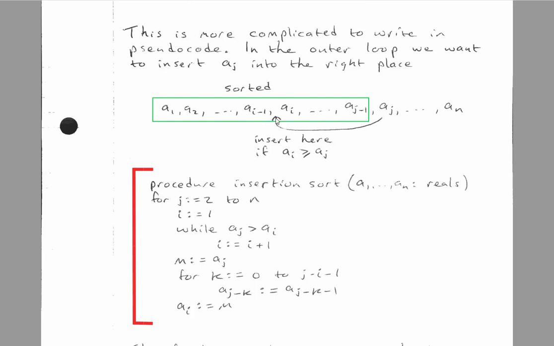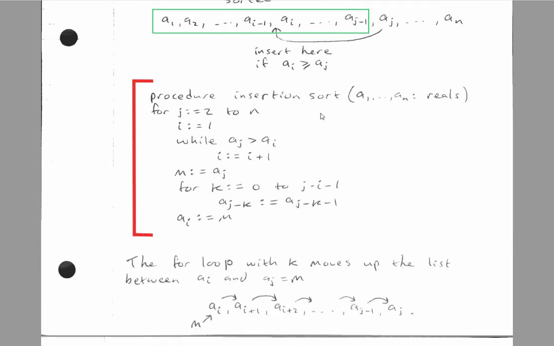So how do we actually do the insertion? That's also slightly complicated. We store the value of a sub j in a new variable m. Then basically we want to move all of these guys up one, and then put the a sub j in here.